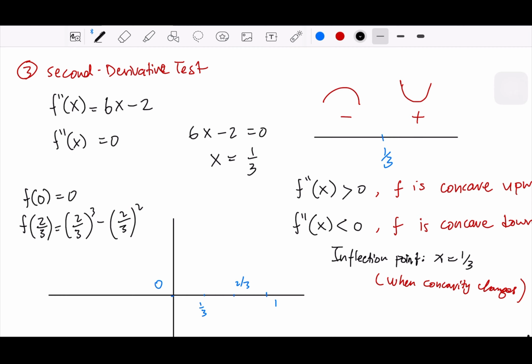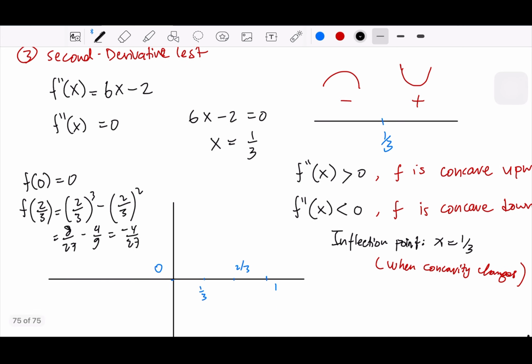It doesn't need to be really exact and precise, as long as it is proportional and seems logical, and that will be fine for me. So no need to compute really exact numbers or correct decimals. So we have this -4/27, which is around 1/6, so it's really small.